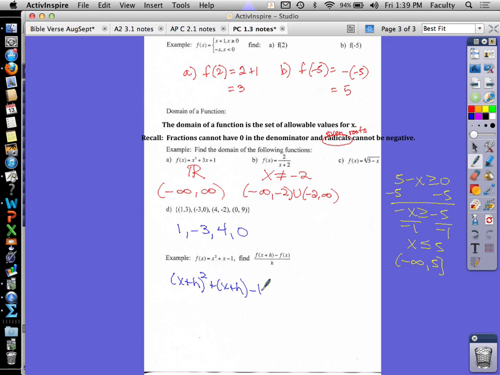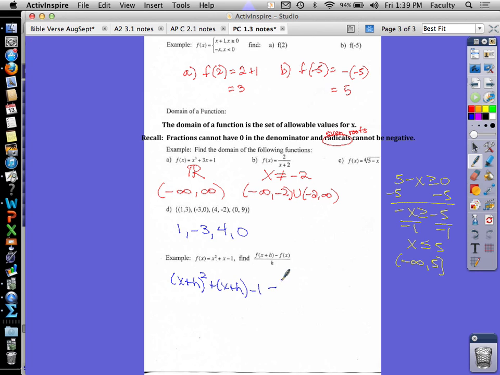I'm going to pause here a moment so you can write that down. All I've done is in f of x, I've replaced each x. I'm just doing a substitution, pulling the x out and putting x plus h. So what I have written down is just the f of x plus h. Does everybody understand that that's f of x plus h?